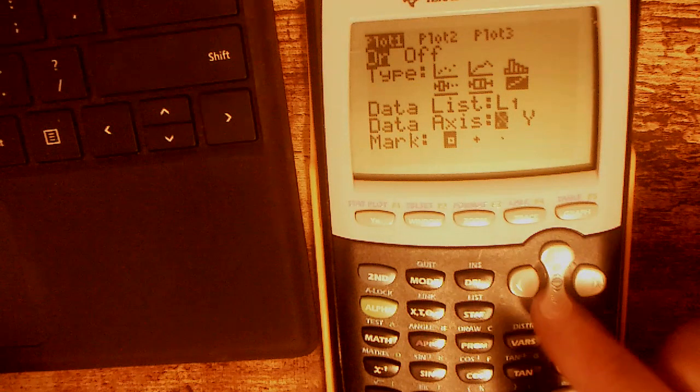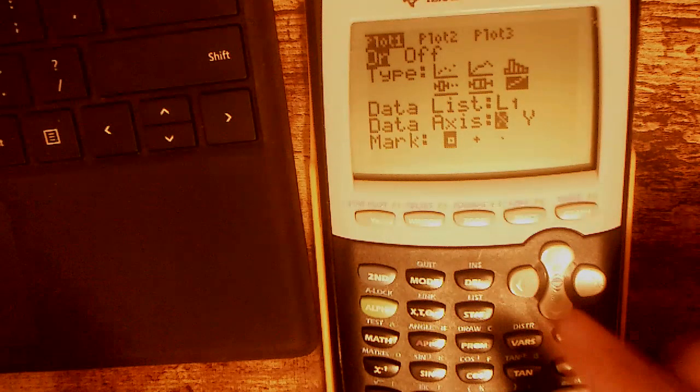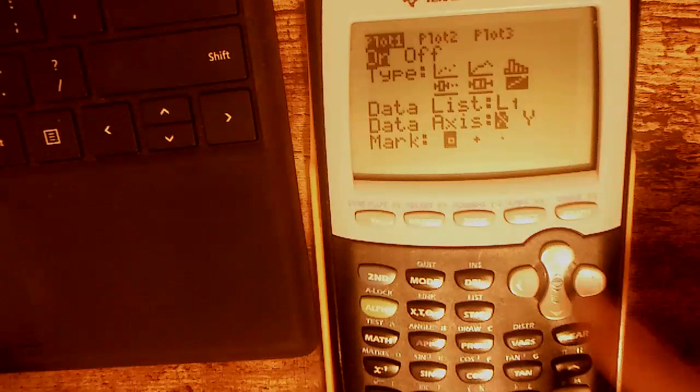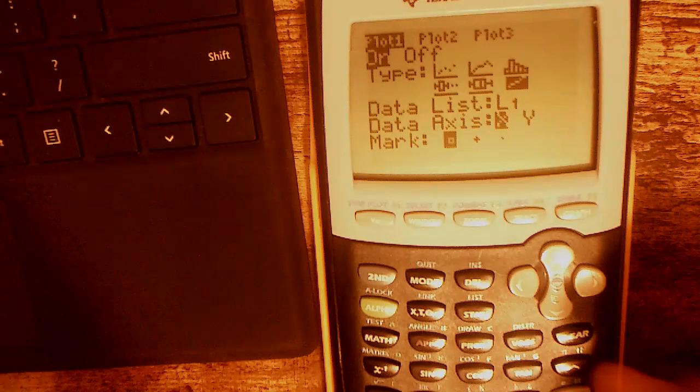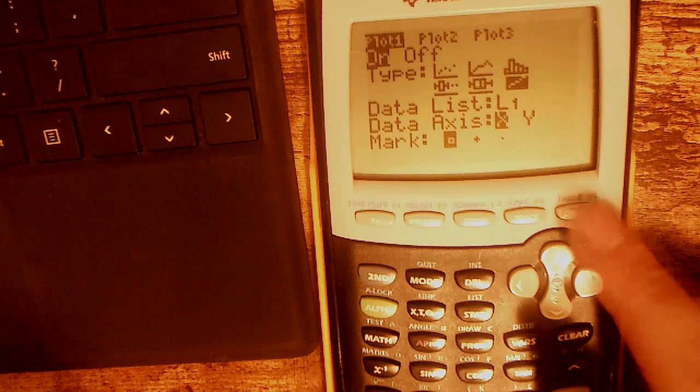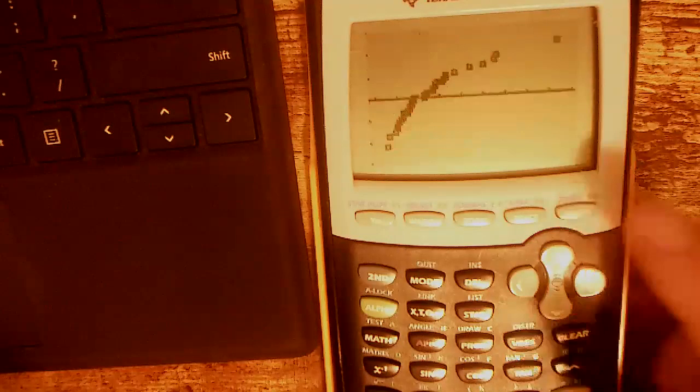Sometimes the context of the question will tell you to choose X or choose Y. And then the marker doesn't matter. I just use the biggest, the circles. All right, you ready? Once you have those confirmed, you're going to push this key, the very upper right corner key, graph.